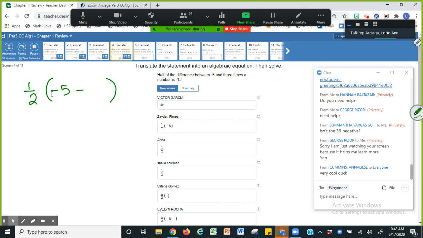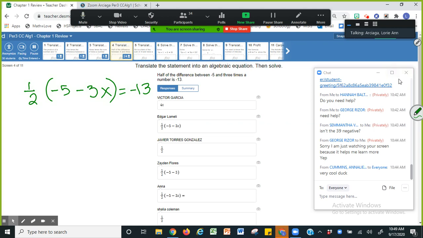So the difference between -5, then you write -5 first. Then 3 times a number. So 3, and then whatever variable you want to use. Okay, and then equals -13. There you go.